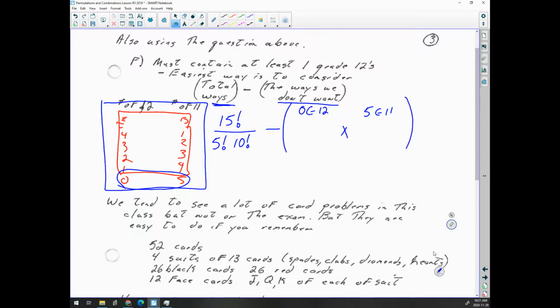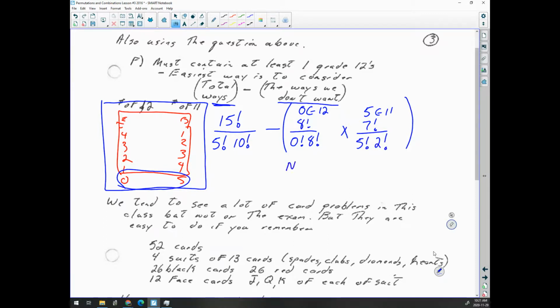So 0 grade 12s would be 8 factorial over 0 factorial, 8 factorial, which is just 1. So you don't actually have to write it down. 5 grade 11s, 7 factorial over 5 factorial, 5 people on the committee and 2 that are not.